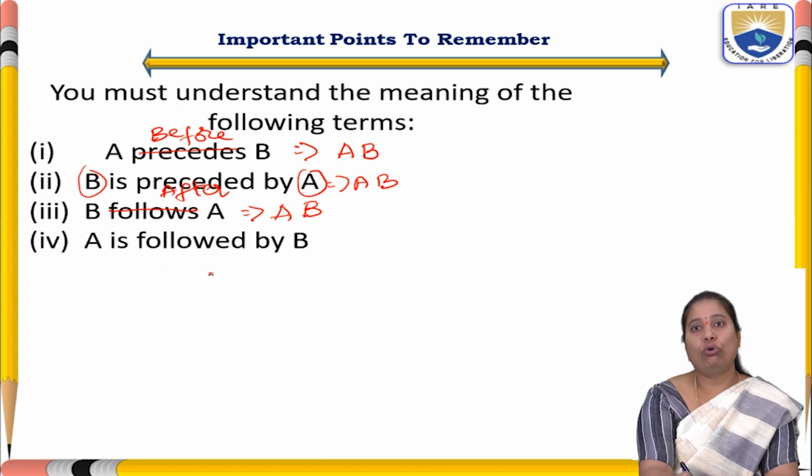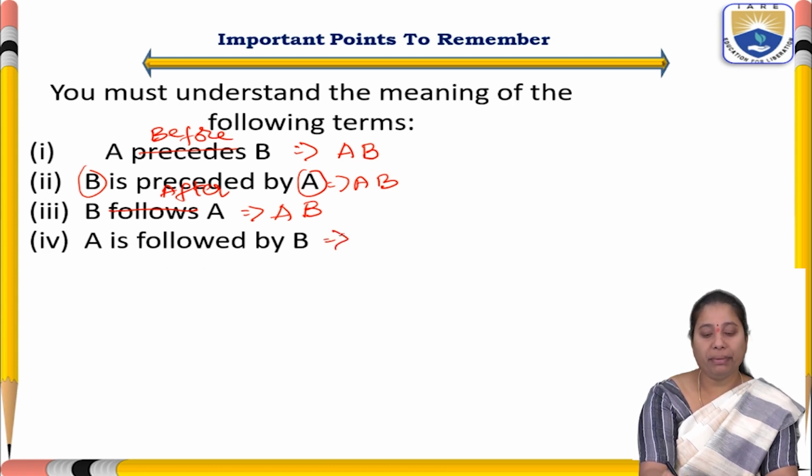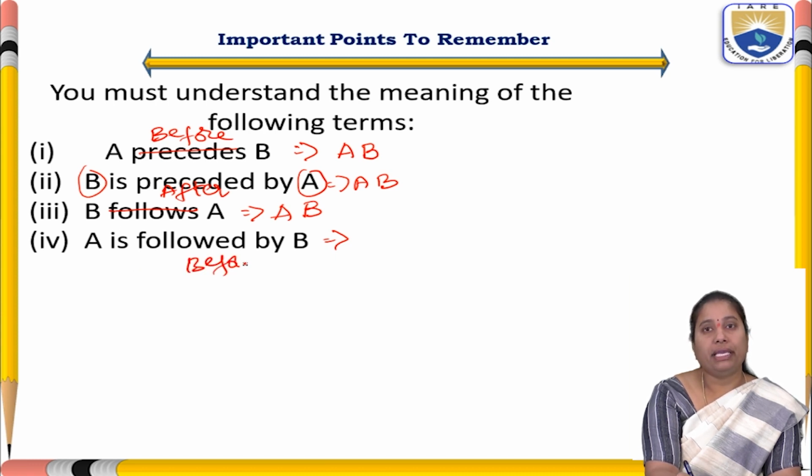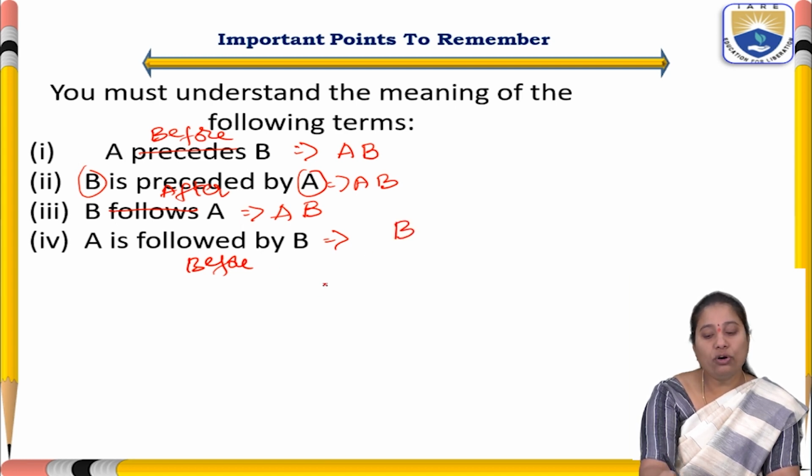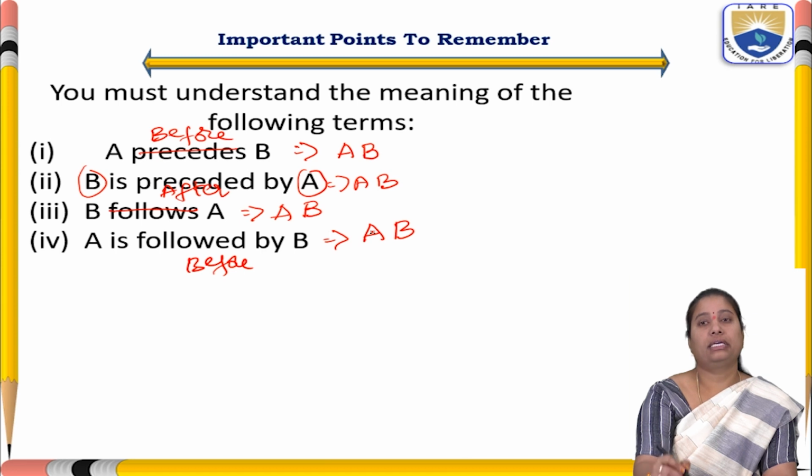A is followed by B means A is before B, or we can write B is followed by, which means A.